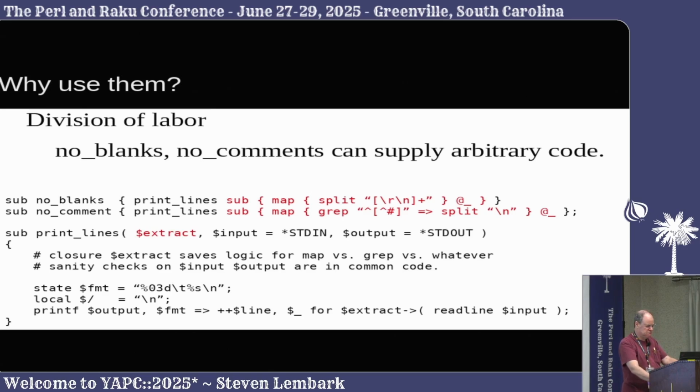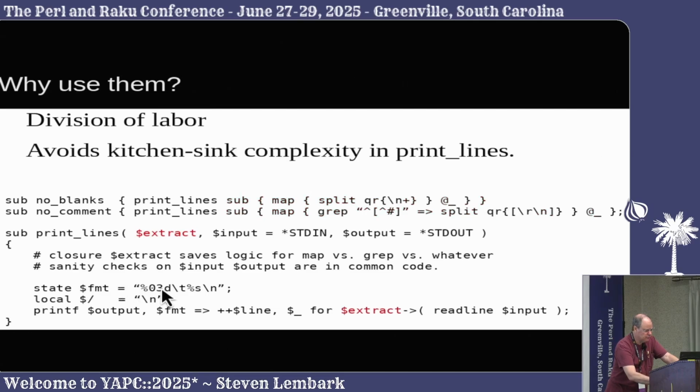No. What happens is state $FMT equals, all that does is create for me a private variable $FMT. The first time I enter the subroutine print lines, it's going to get assigned that value as a default. And each time I re-enter the subroutine, the value that it had the last time I exited the subroutine is still sitting there.